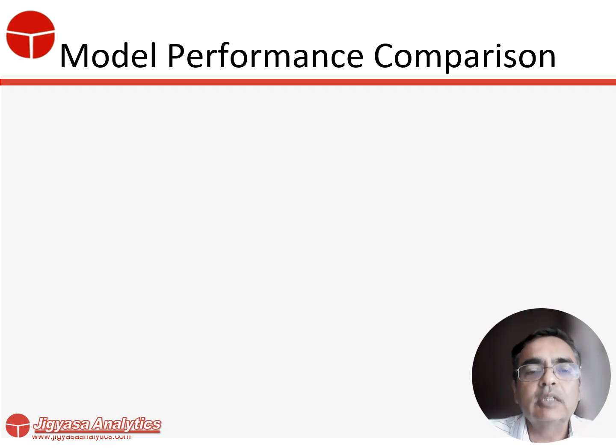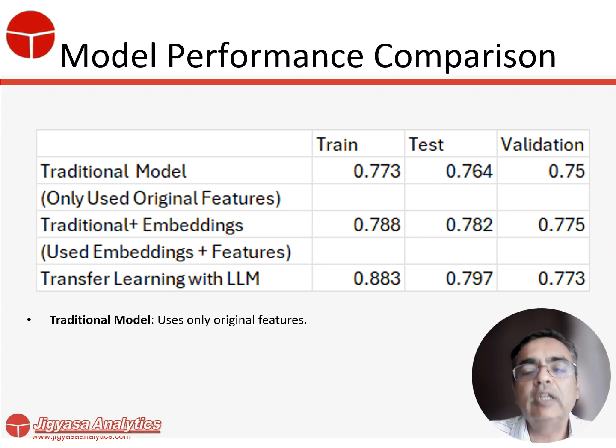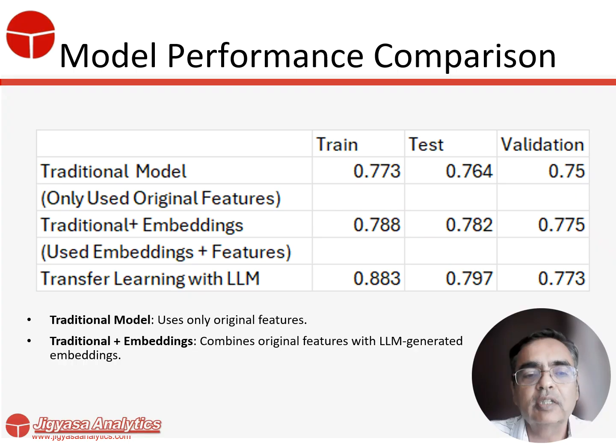Let me now take you through the results we obtained from our experiments with the large language models in terms of credit risk performance. In this table, we summarize the results. Traditional model results you see here are using only the original features you would use in your general credit risk models.